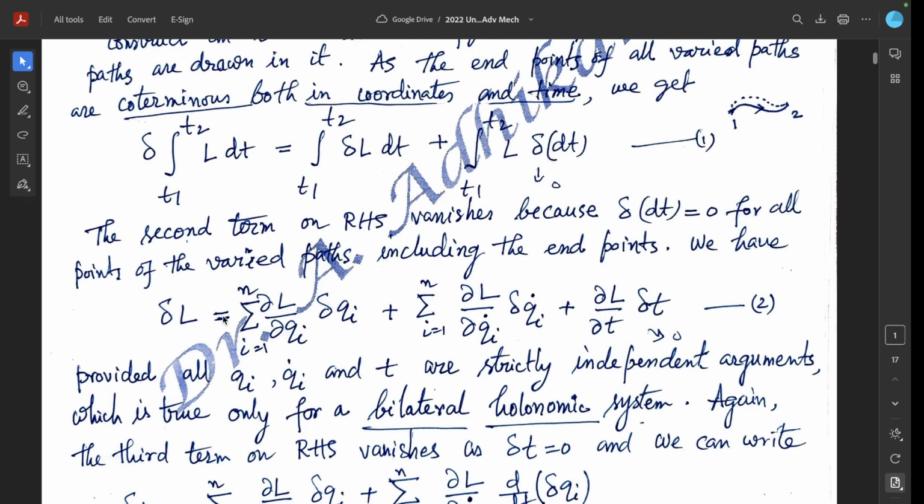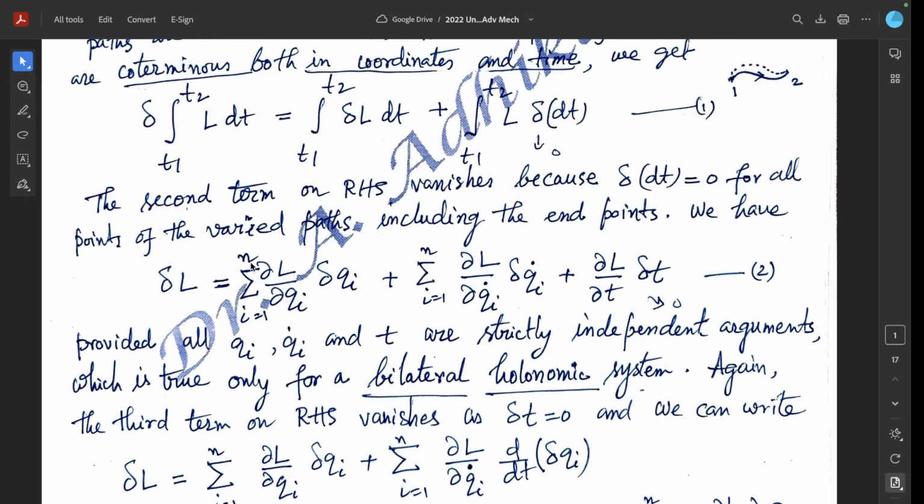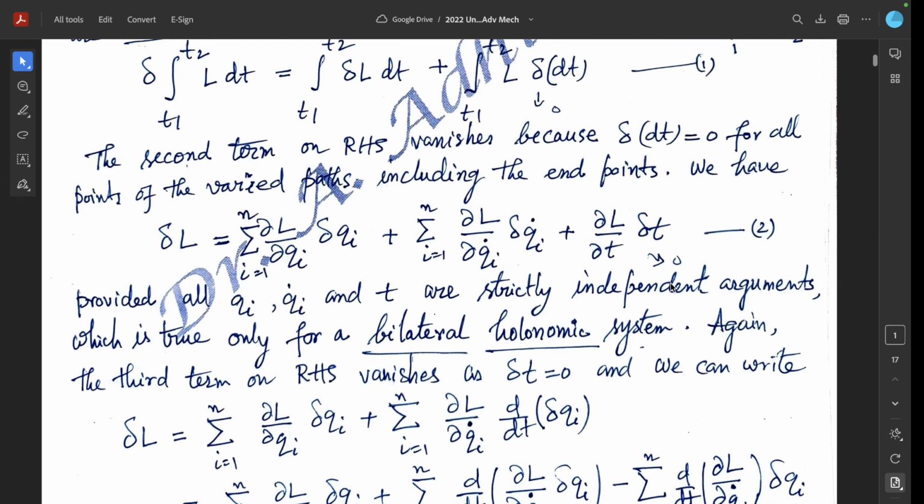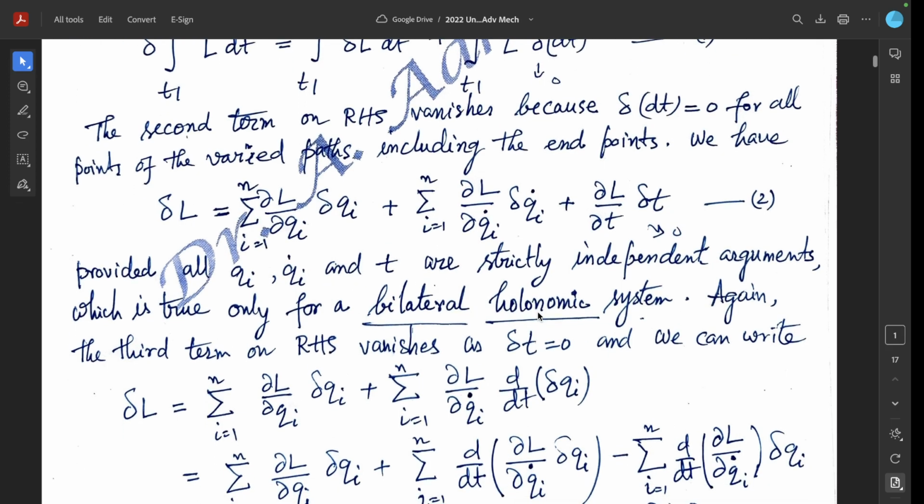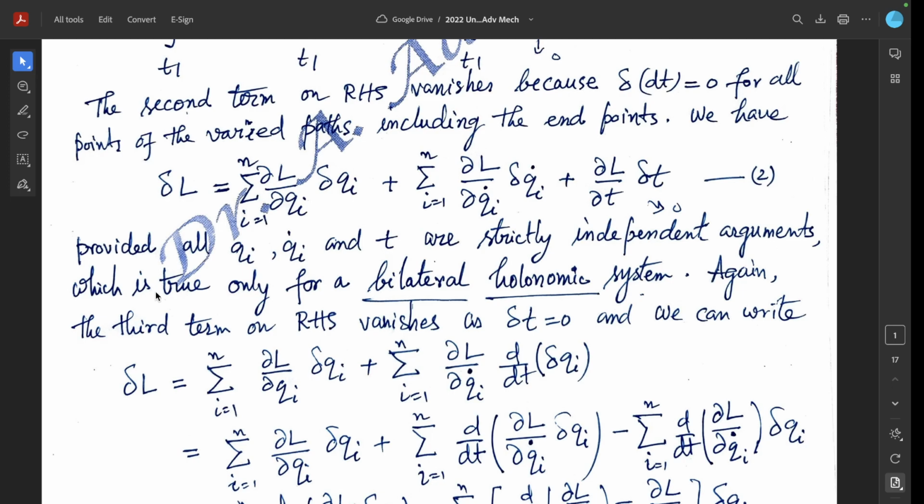Now delta L is the summation over i equal to 1 to n of del L by del qi times delta qi, plus the summation over i of del L by del qi dot times delta qi dot, plus del L by del t times delta t, provided all qi, qi dot and t are strictly independent arguments, which is true only for a bilateral holonomic system. Again, the third term on the right hand side vanishes as delta t equals 0.